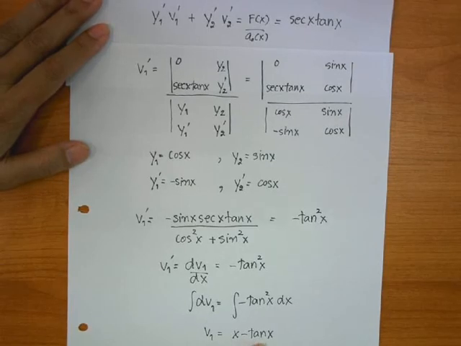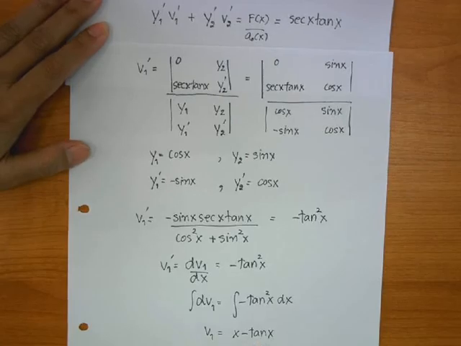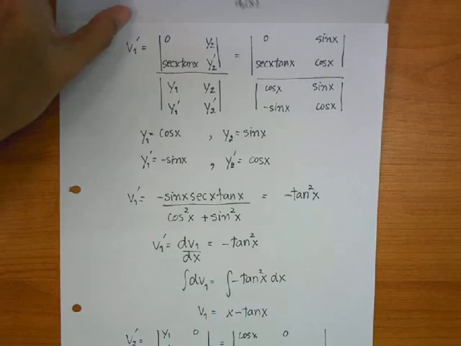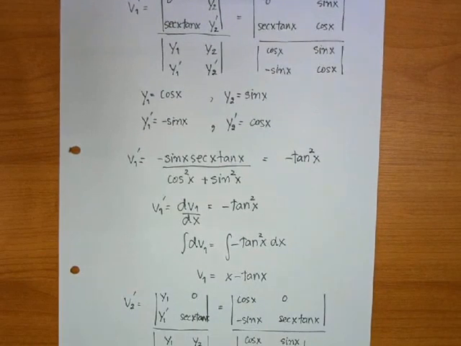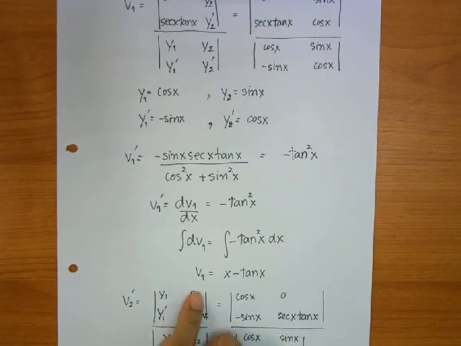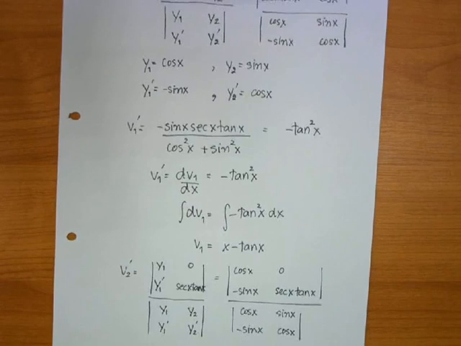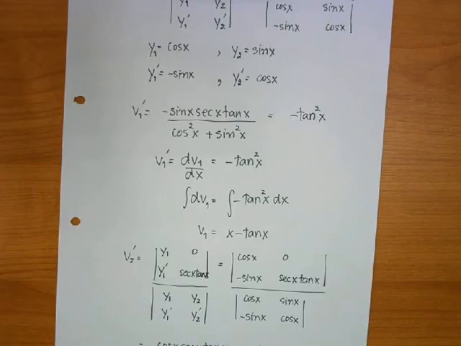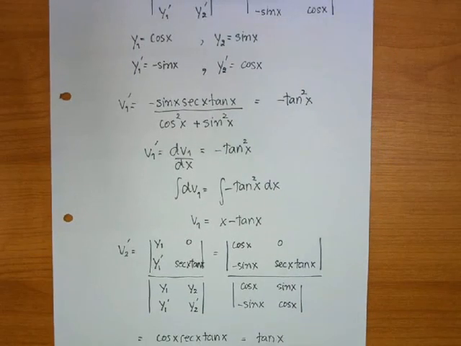We do the same for v2. By using Cramer's rule, we would get the first derivative of v2. We replace c0 and c1 into the coefficients of v2, and then the rest is just the same. And then when we find the determinant, we would get tan x.